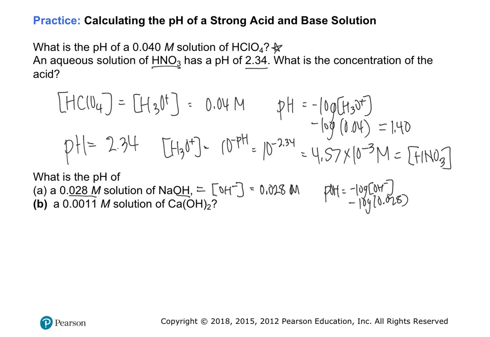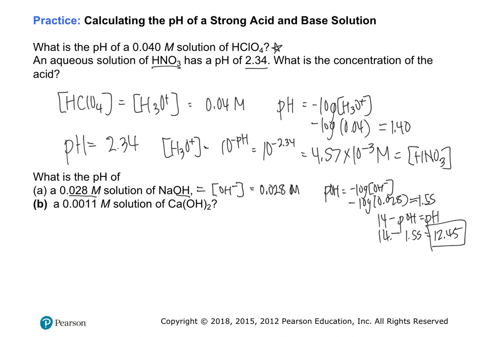So the pOH ends up being 1.55. So then I do 14 minus pOH to find pH. So 14 minus 1.55 equals 12.45.